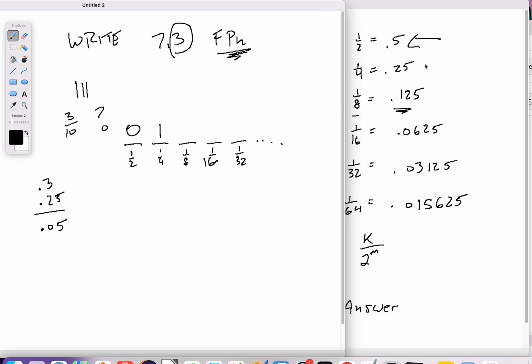So I come down, I've taken care of this one. Now I look at 0.125. Well, there is no 0.125 in here, so this is also a 0. I come over here and I go 0.0625. Well, that's 0.06. That's still bigger than 0.05, so there isn't one of those in here.